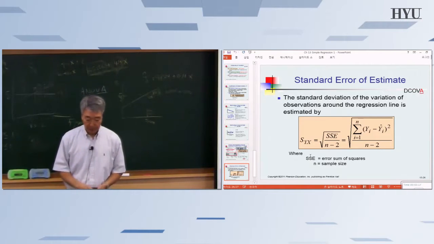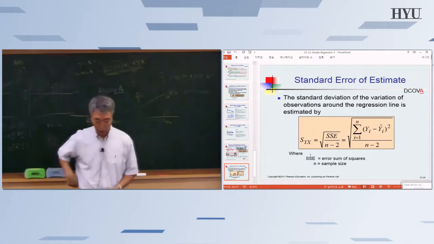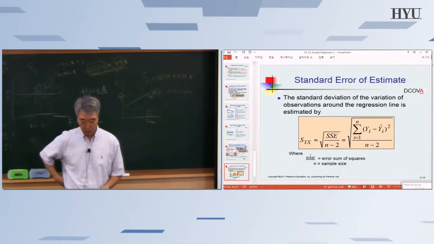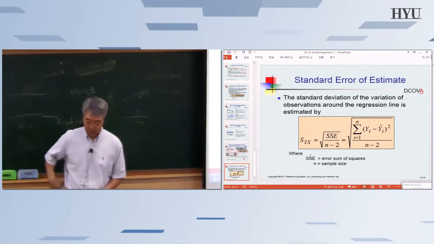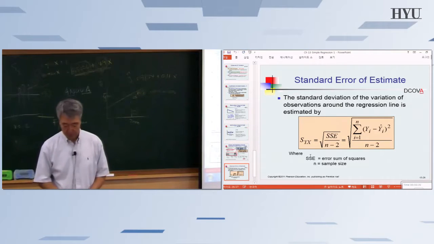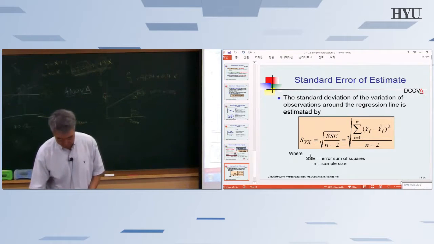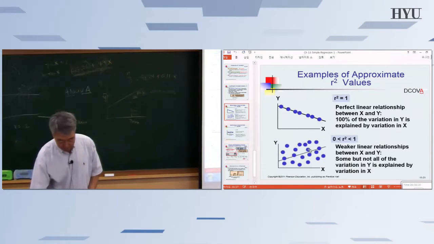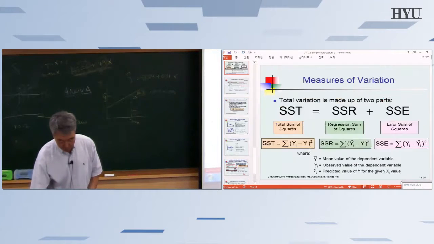That is simply the square root of SSE divided by n minus 2, right? What's in? Okay. I guess I need to give you some explanation about this degrees of freedom thing. If you were in my class last semester, I gave you some idea.